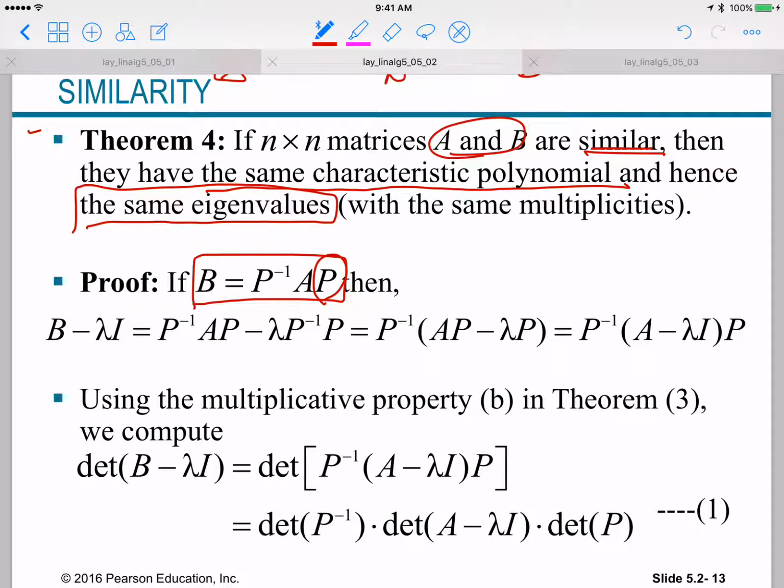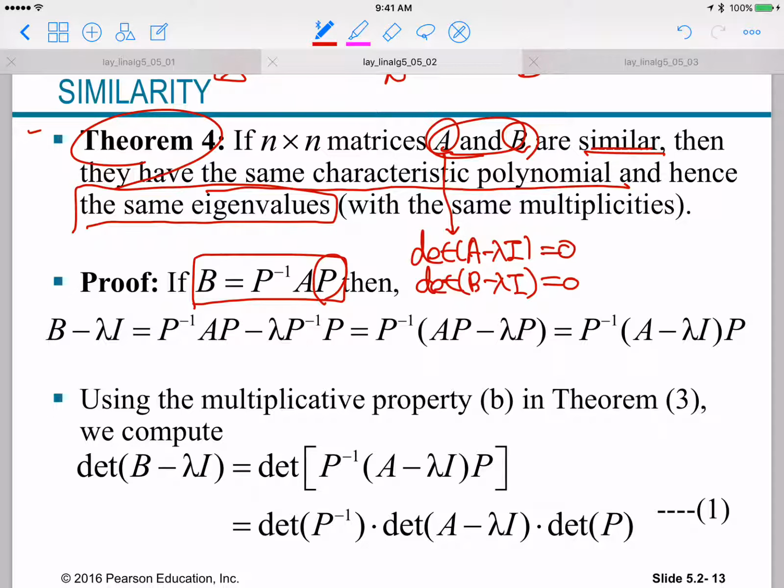Now if we consider the characteristic polynomial of each of A and B, the characteristic polynomial of A will be something like this, and for B we will have this. And this theorem says those two equations are exactly the same. So let's prove it.